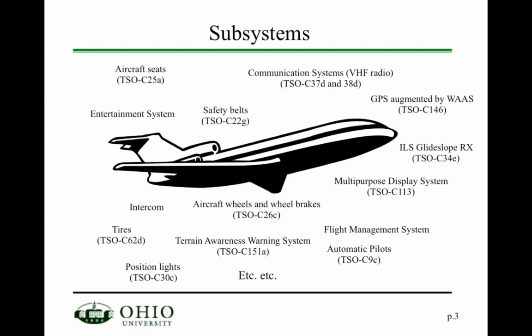That means that there is actually a document out there that specifies exactly how this thing must be built, what requirements must be met. And it also means that if a manufacturer decides to manufacture this particular item, they can follow the TSO and get not only design approval but also approval to make it.